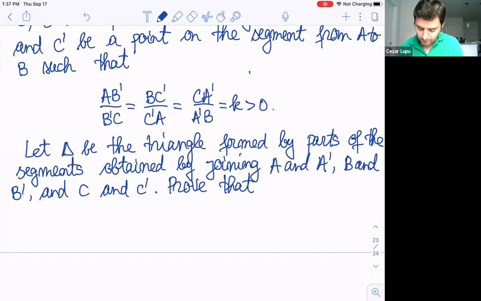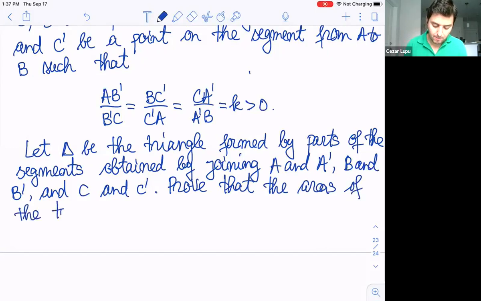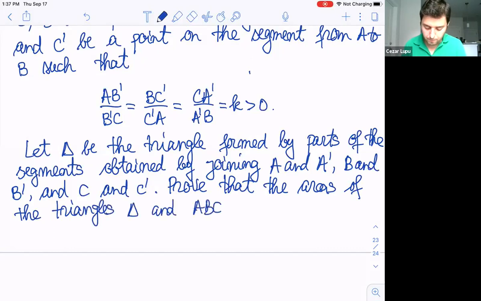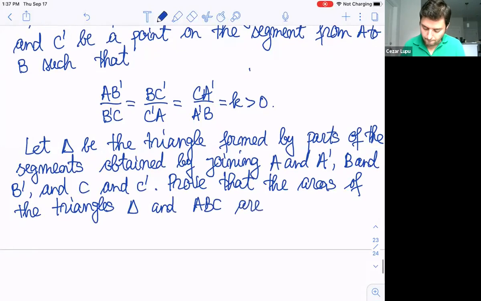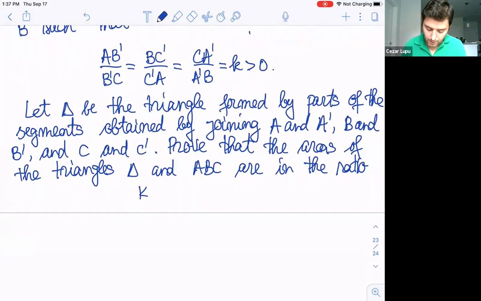Prove that the areas of the triangles delta and ABC are in the ratio K minus 1 squared over K squared plus K plus 1.